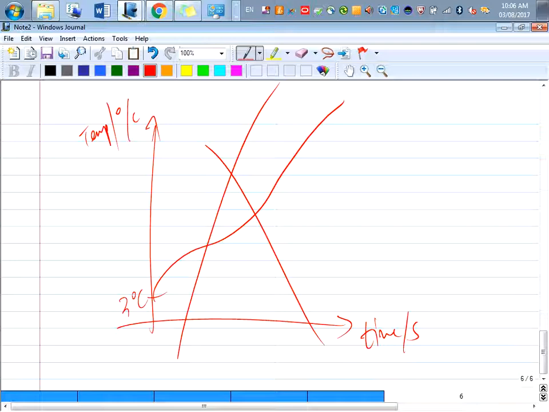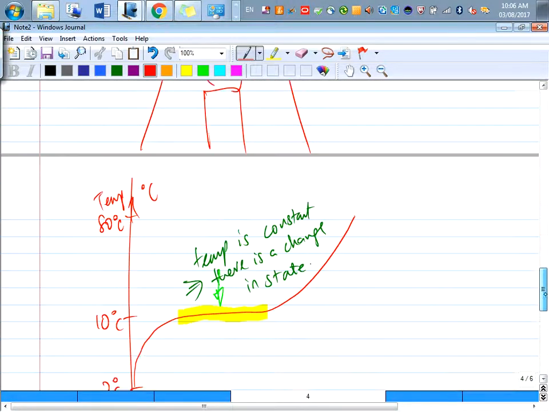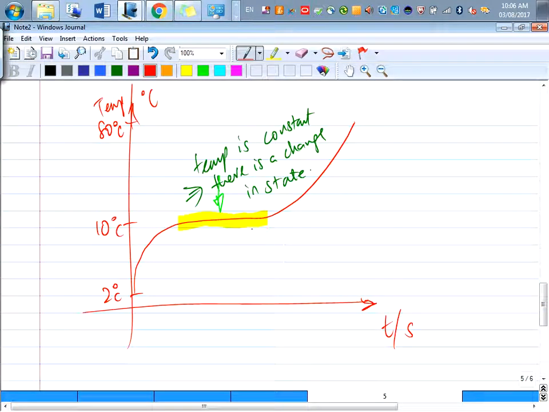Okay, then at this point in the graph, the highlighted portion, I mentioned that it is changing its state, melting. And it is still gaining internal energy. At the yellow part, gain in internal energy.